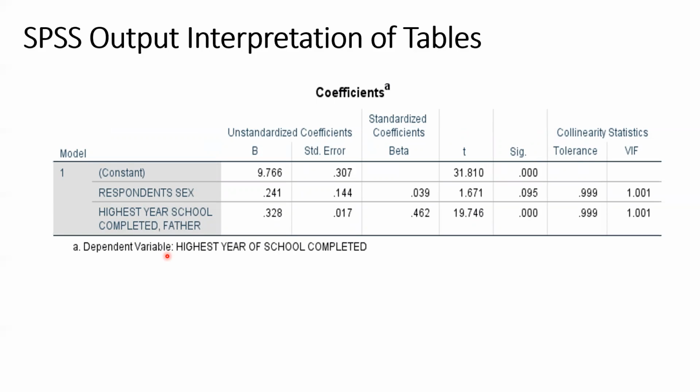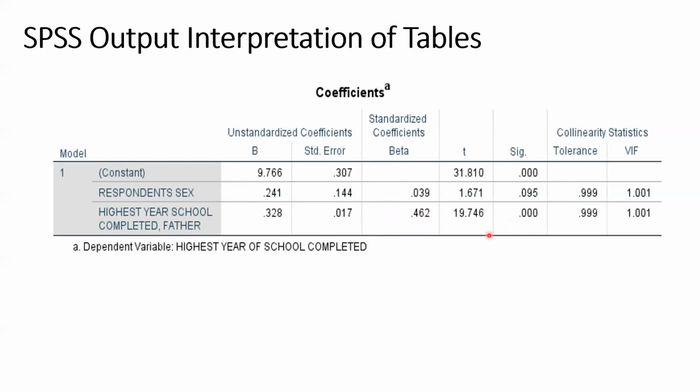Our third table is our coefficient table. Here's our constant. We have our residual values, our standard errors reported, and the standardized coefficients. Looking at those standardized coefficients gives you a sense that education is a far better predictor than sex is, because the value is so much different between those two.